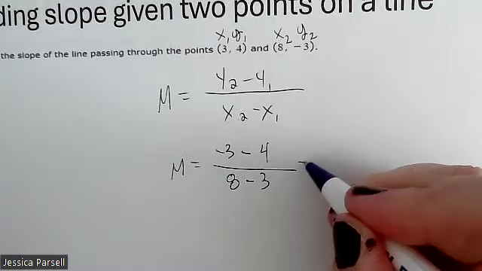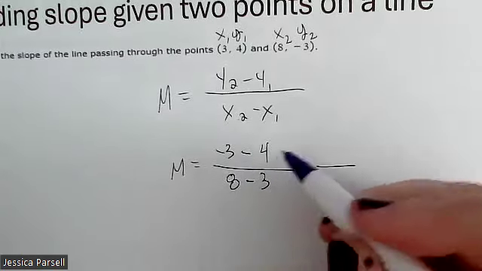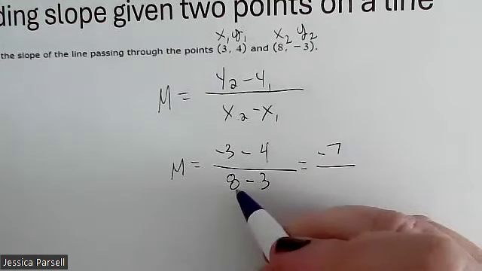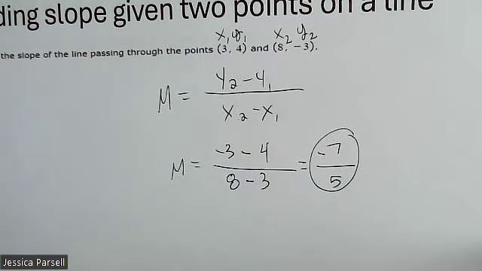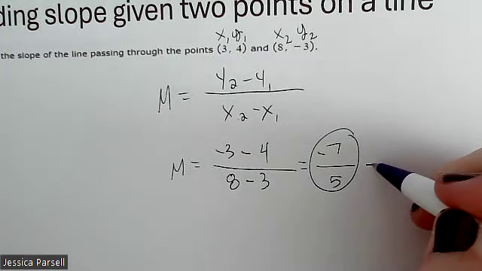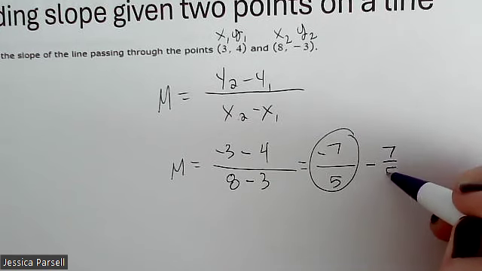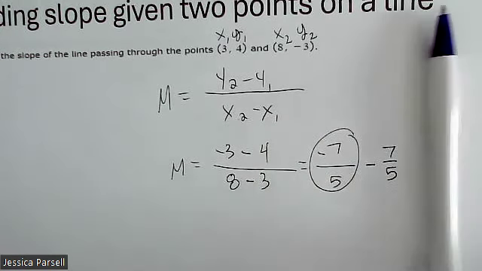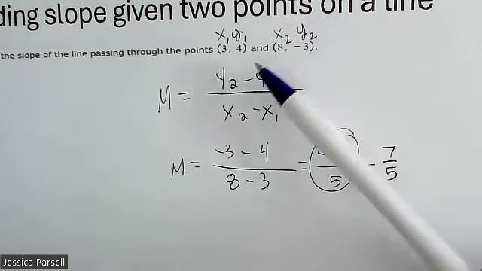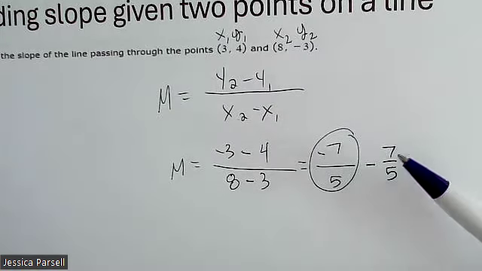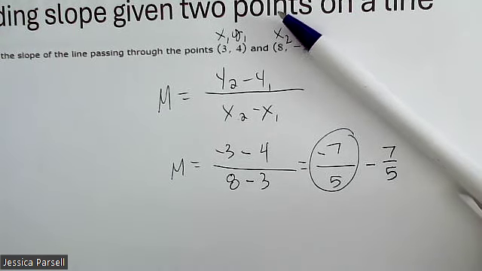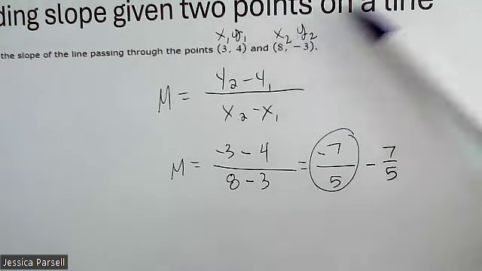All right, let's break this down. -3 minus 4 is -7, and 8 minus 3 is 5, and there's your slope. And you may even put it into the computer as just the negative sign in front, and then 7/5. So think about a negative slope. If we were to actually graph this out on a piece of paper, which you can do, it would look negative, and it would be 7/5.